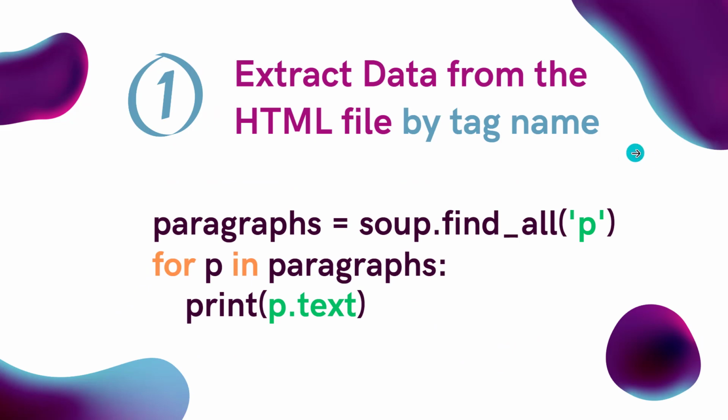To find all the elements that have the tag, we will use the find all method. So the dot find all method, and then we will use a for loop to print all the text. Let's try this in Jupyter Notebook.